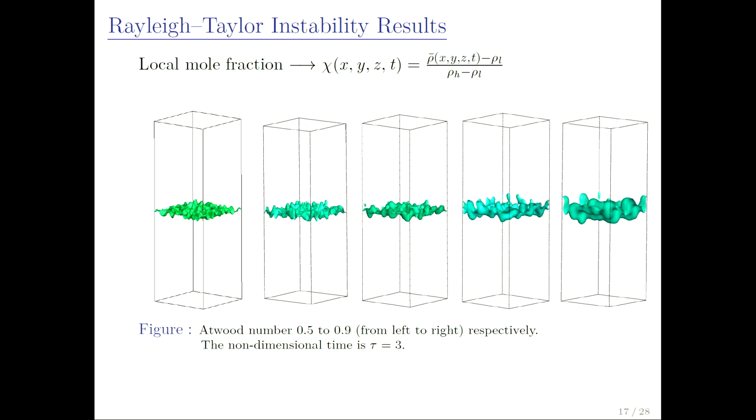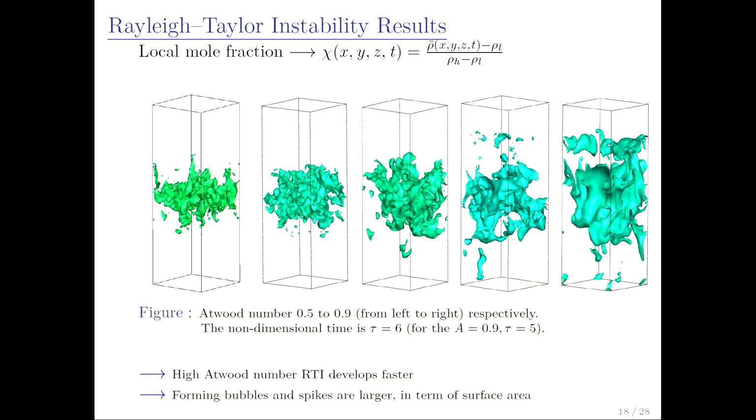Here is time 3. Now it's visible. This is non-dimensional time 6 for the 0.5 Atwood number, then 0.6, 0.7, 0.8, and 0.9. Actually, for the 0.9 Atwood number, the non-dimensional time is 5 because the flow has already reached the end of the domain.